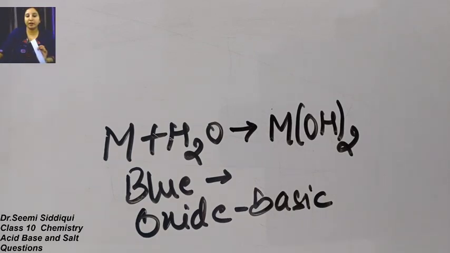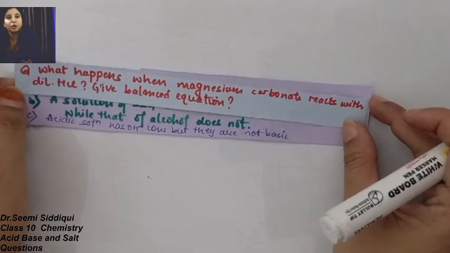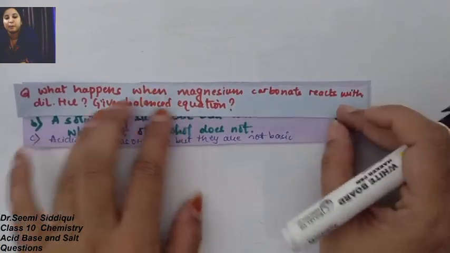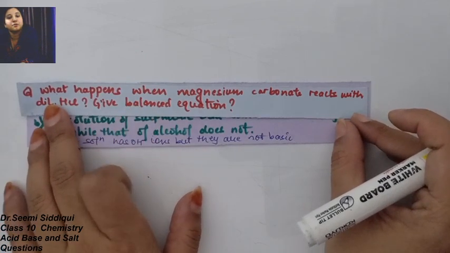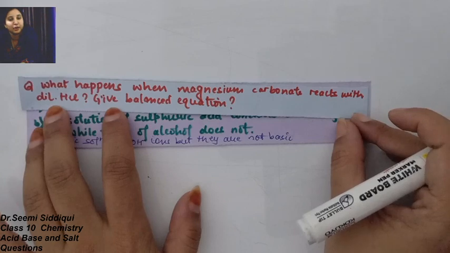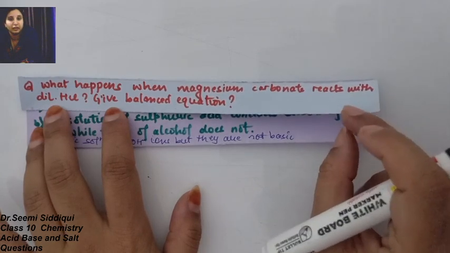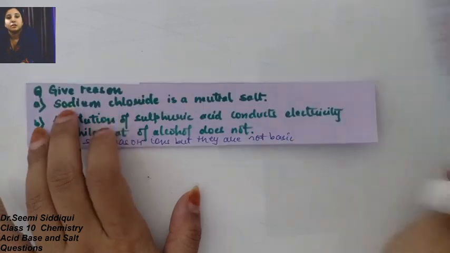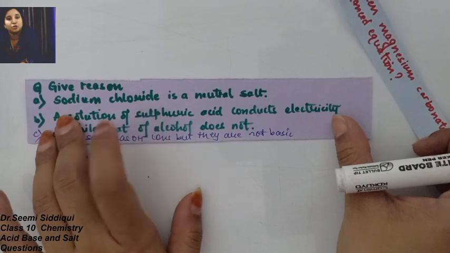Before moving ahead to the other questions, the questions I am not discussing, you will do yourself. If you are not able, you can ask me. First one, what happens when magnesium carbonate reacts with dilute HCl? Give balanced equation. This you are going to do with your own mind. Clear? Then give reason: sodium chloride is a neutral salt.